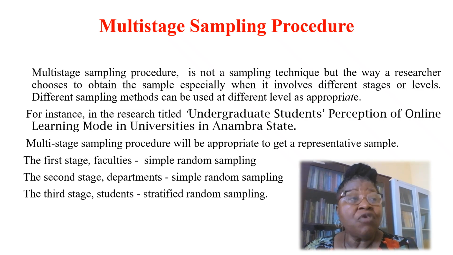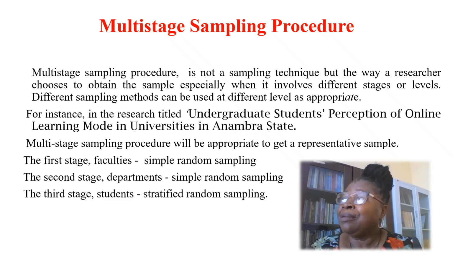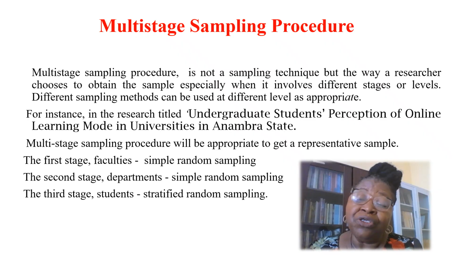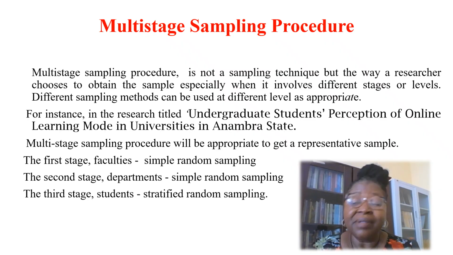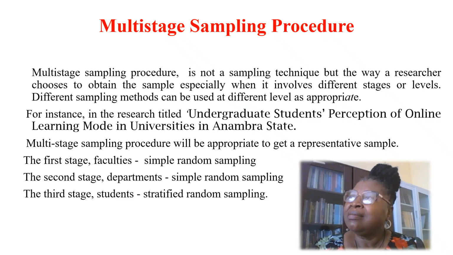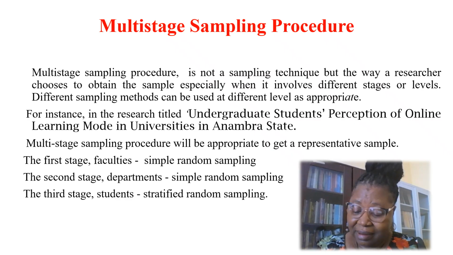Then the third level will be students. If you come to students, you cannot just use simple random sampling. Why? Because there are males and there are females. So this group, male and female, will require stratification. You stratify using gender and then select from the groups.